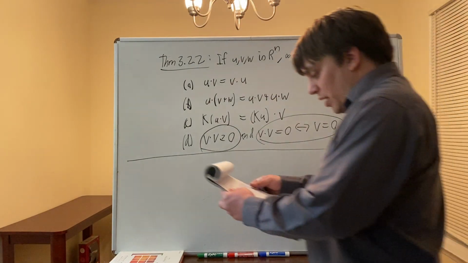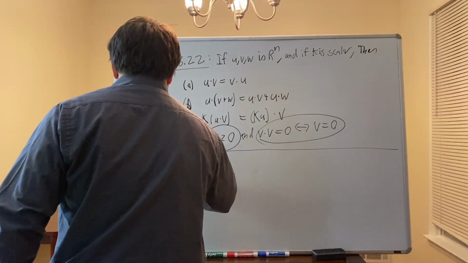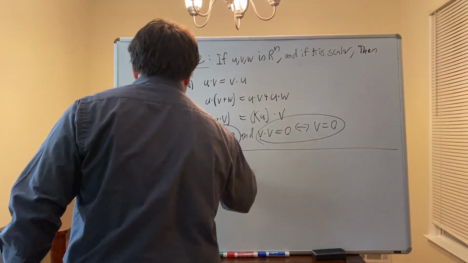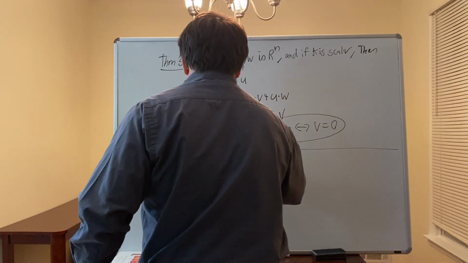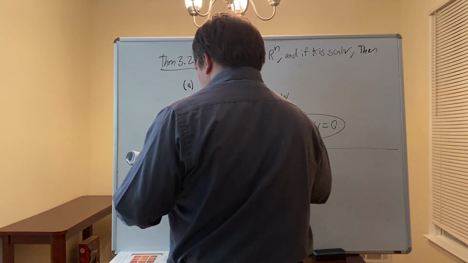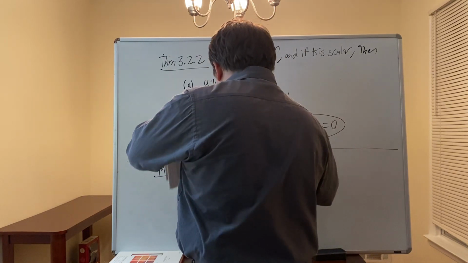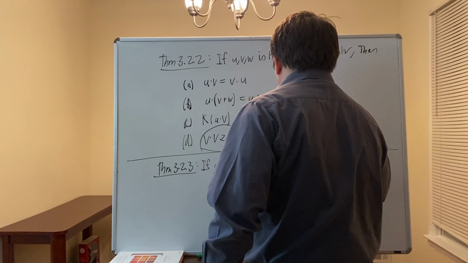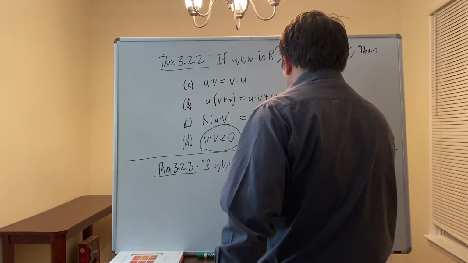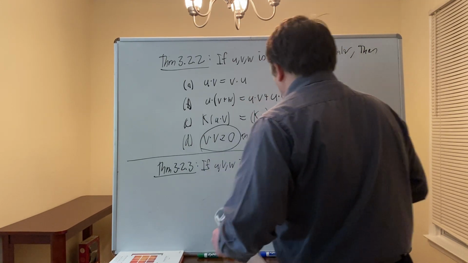Okay. Theorem 3.2.3. If the vectors u, v, w are vectors in Rn, and k is a scalar, okay, so by writing k scalar, I'm saying k is a scalar.